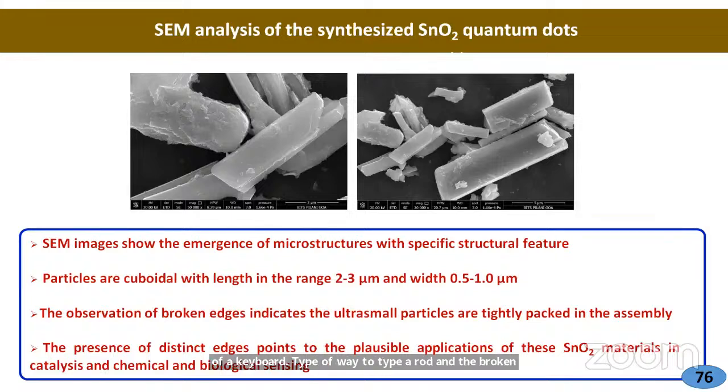They are tightly packed in the assembly. So the presence of a distinctive edge points to a plausible application of this tin material for catalysis. These edges facilitate different catalysis, chemical sensing, and also biological sensing.